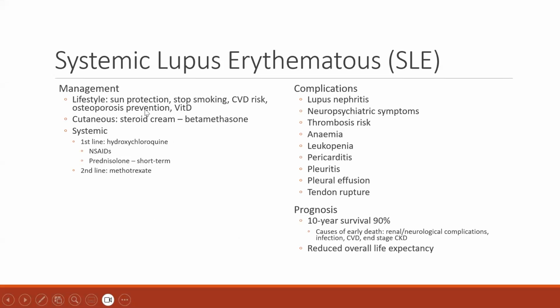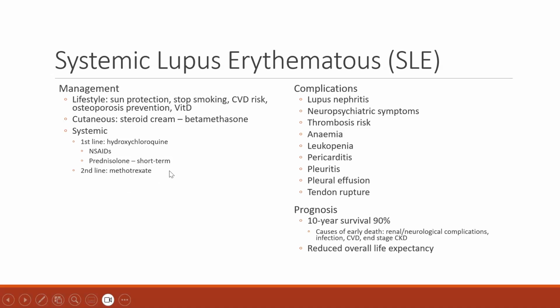Management, lifestyle. So sun protection, stop smoking, cardiovascular risk, osteoporosis prevention, vitamin D. For cutaneous symptoms, steroid creams. For systemic symptoms, first line is chloroquine. We can also give them prednisolone short term, or NSAIDs.